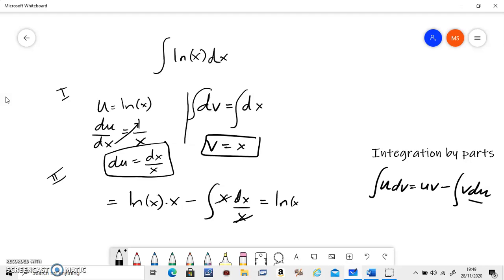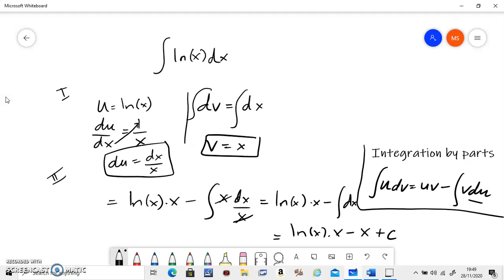So you're left with ln x times x minus integral dx. So that becomes ln x times x minus x plus c. And that's your answer. So remember, integration of ln x is done using integration by parts, which is this bit.